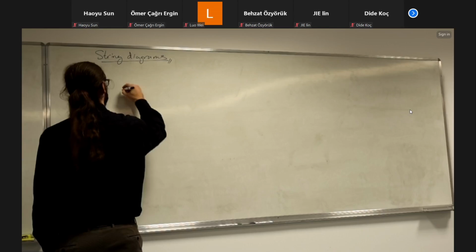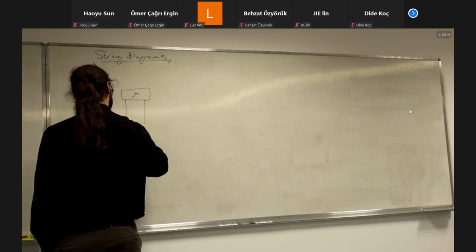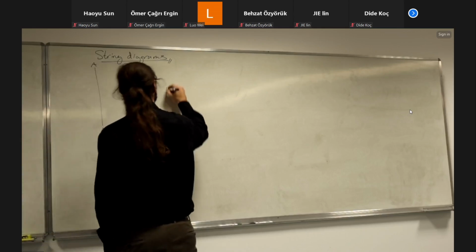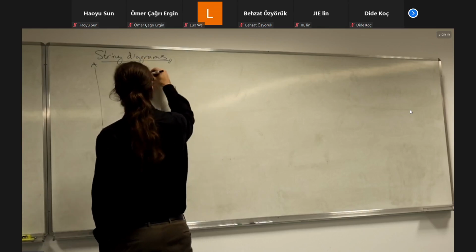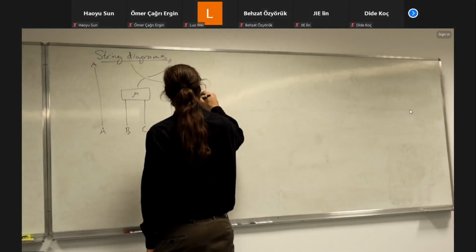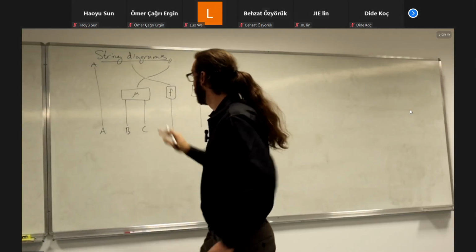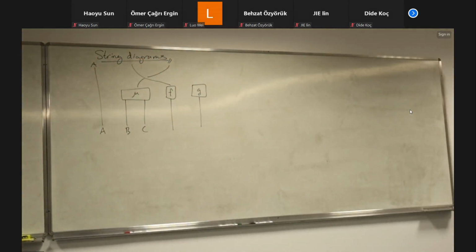So let me draw one. A, mu, B, C, F, G. I claim that this picture represents a morphism and that it is coherence that allows us to understand this as a morphism in a symmetric monoidal category.